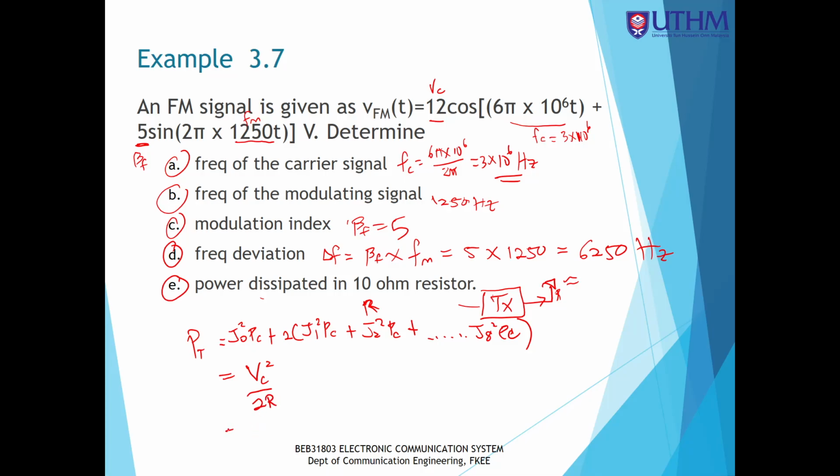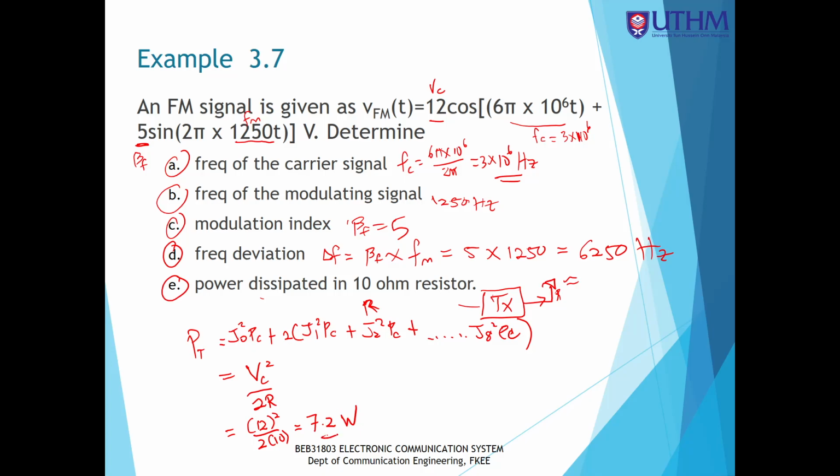So this is equal to VC, given as 12, squared, divided by 2R. R is given, so 2 times 10. So this is equal to 7.2 watt. Okay, 7.2 watt.